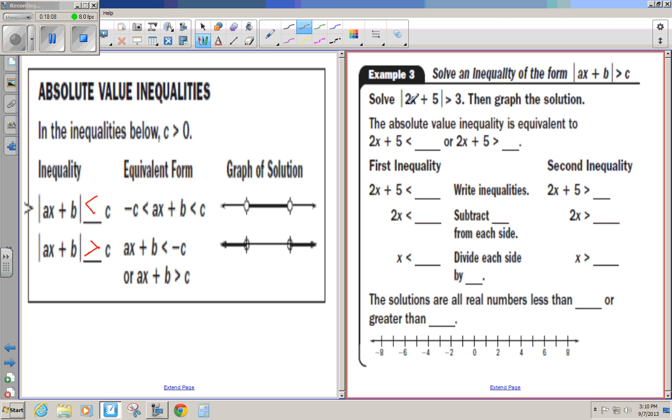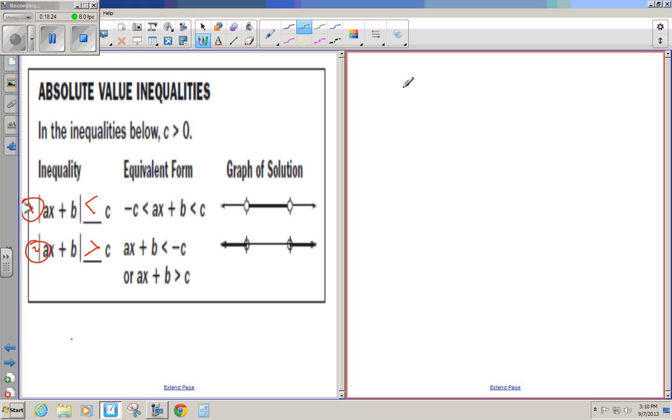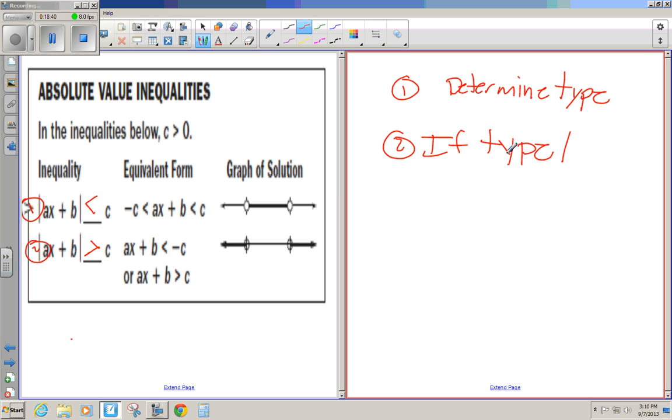So we're looking at a type. So this is, we'll say, type 1. We'll say this is type 2. We're looking at a type 2 equation here because it is greater than. So the first thing you need to do, and actually let's go ahead and add these to your notes. For these, first thing, determine type. If type 1, it's a between statement.